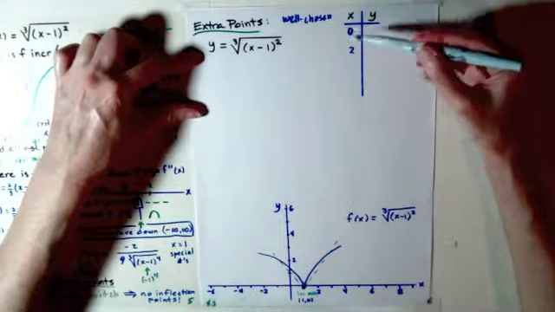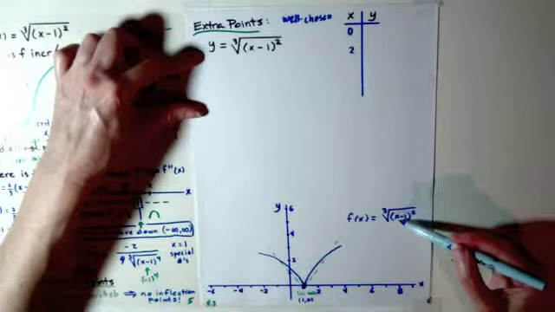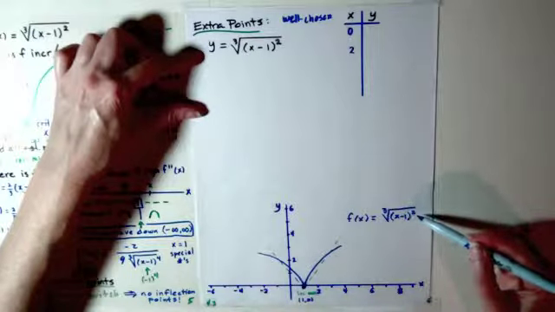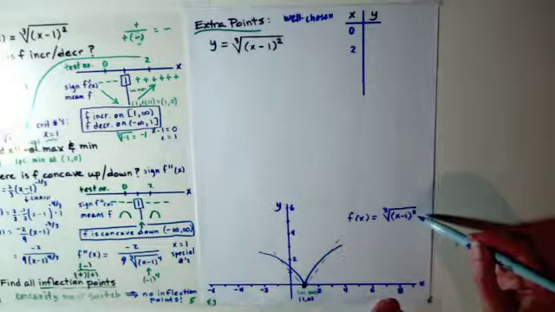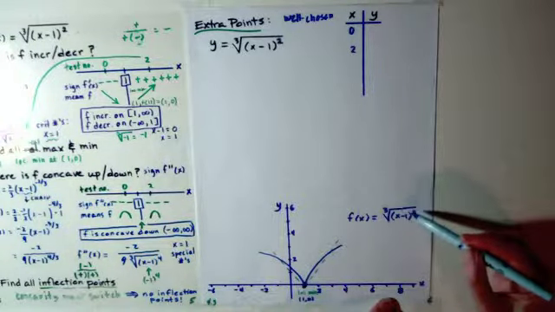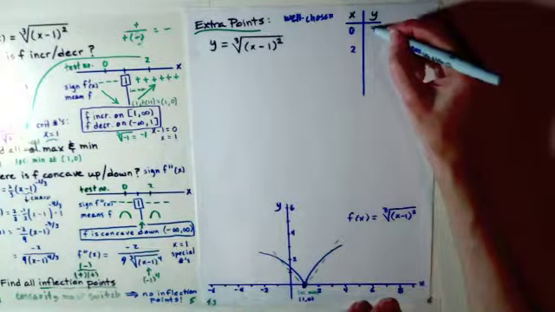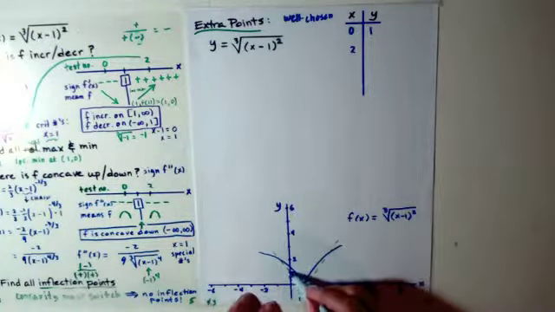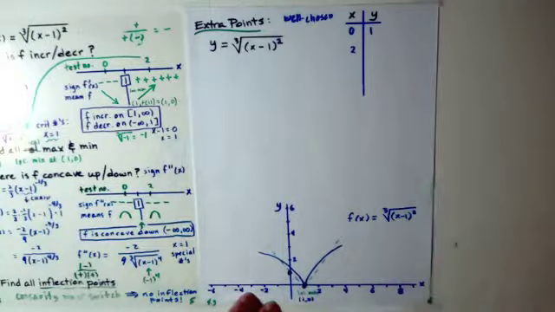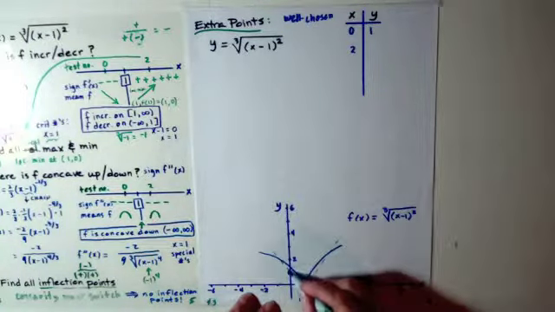When I plug 0 in, I would get -1, but I'm squaring that. When I square -1, I get a +1. When I take the cube root of a +1, I get a +1. So when x equals 0, y equals 1. So this is going to be a point on my graph. I'm going to put the points here in purple.